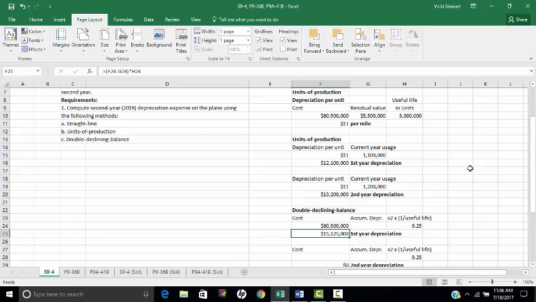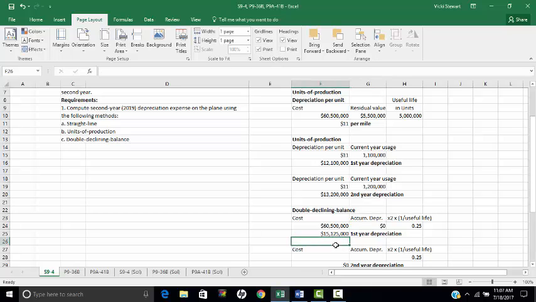When you use double declining balance, you take the cost minus the accumulated depreciation and you multiply that times 2 times the straight line rate, or 2 times 1 divided by the useful life. You continue to do that each year until you get to the residual value, and you do not depreciate below the residual value.